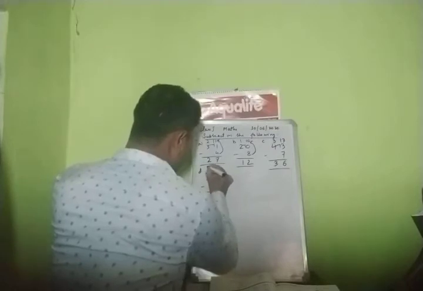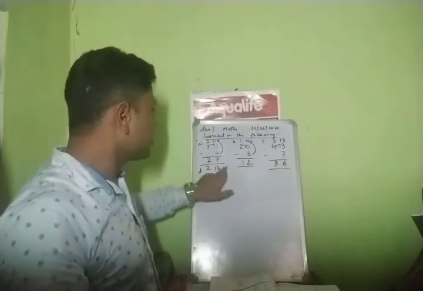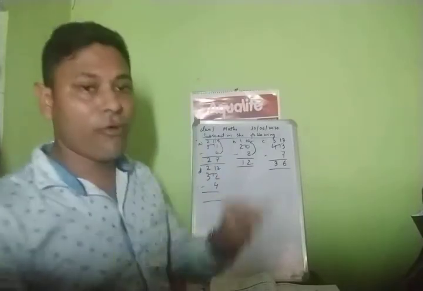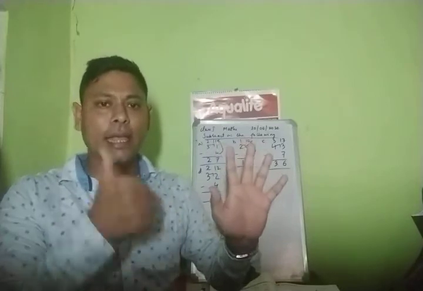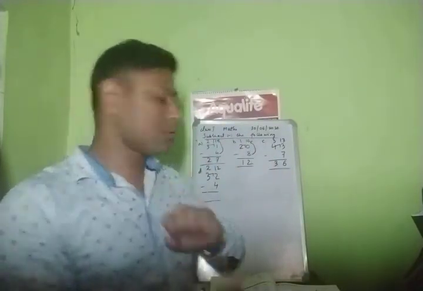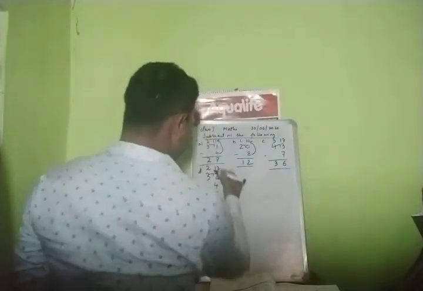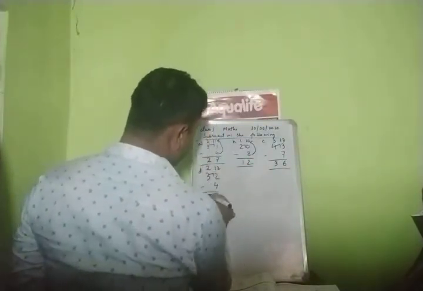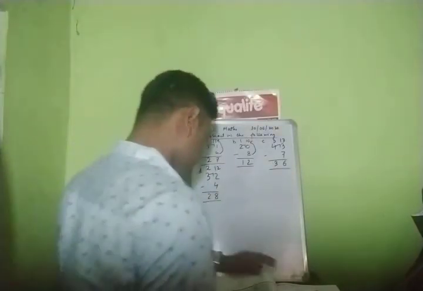From 3 you gave 1, 2. Right? Then from 4 you count till 12. 4, 5, 6, 7, 8, 9, 10, 11, 12. How much? 8. So we got here 8. And 2, nothing is down. So directly 2. Right?